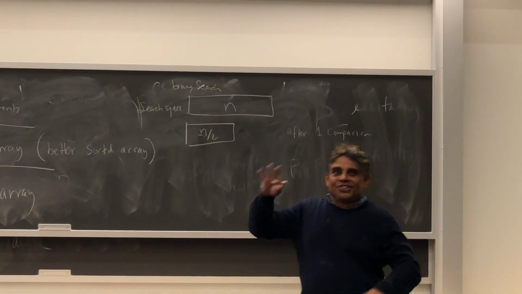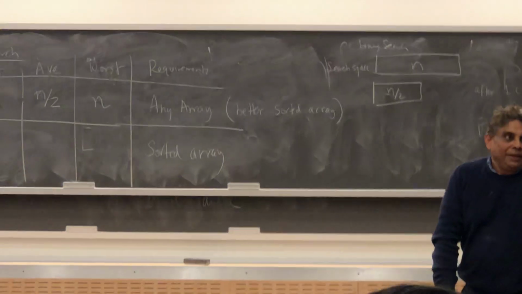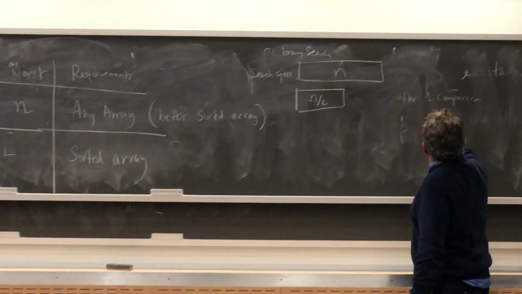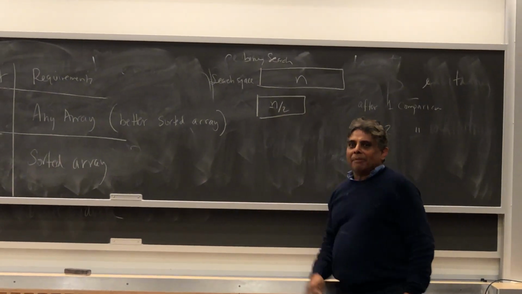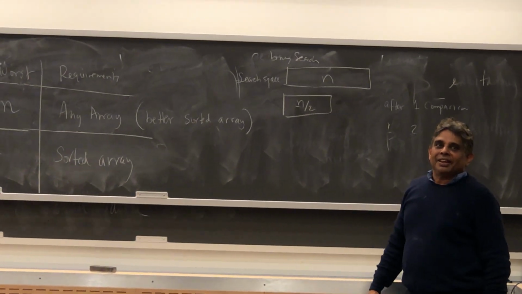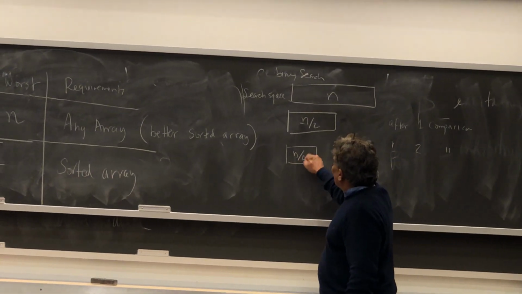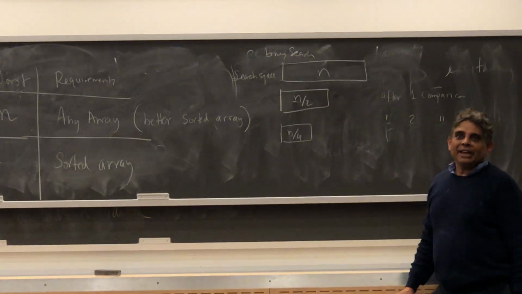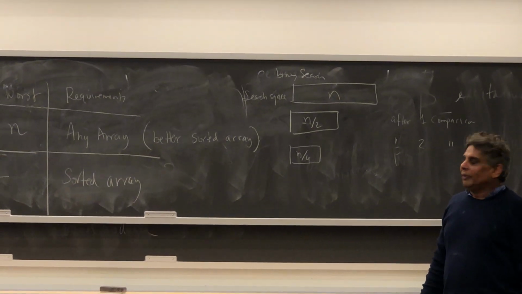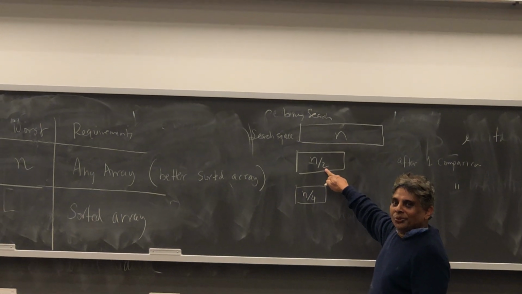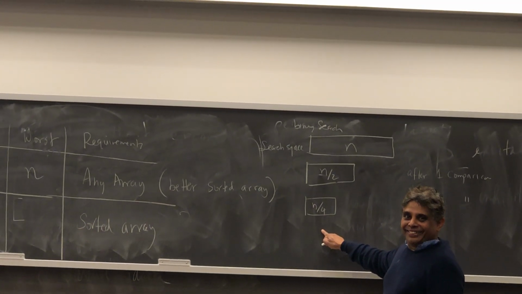After one comparison, you decide to go left or right based on where you think the target might be. Now, after 2 comparisons, what will happen to this? This becomes n over 4. So you can see that this number is a power of 2. Next it will become n over 8.